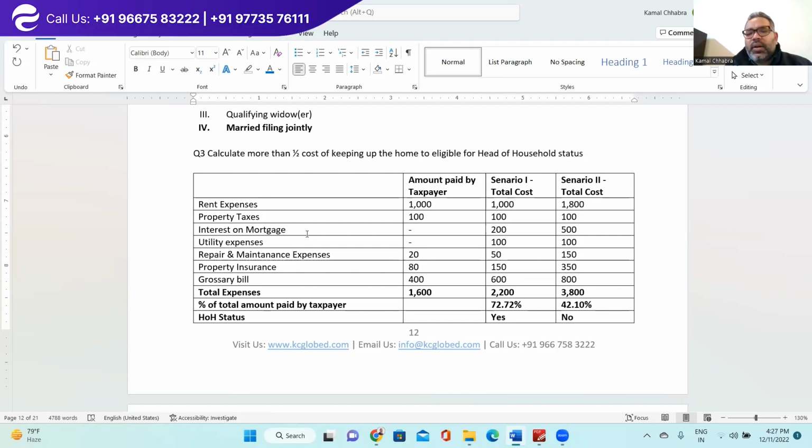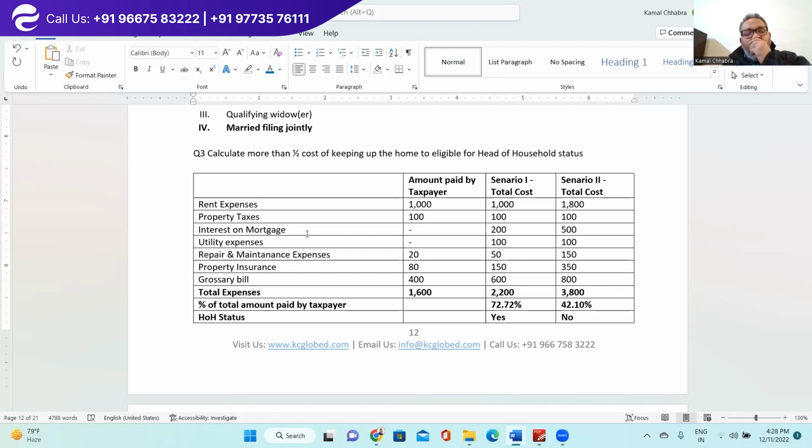Let's say $100 is the monthly utility expenditure and your grandparents are paying for it, not you. Then there is repair and maintenance expense for the household, like some plumbing or electrician work.